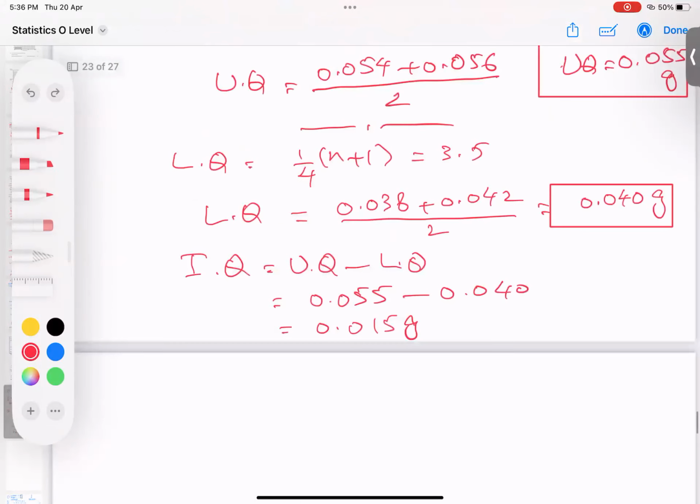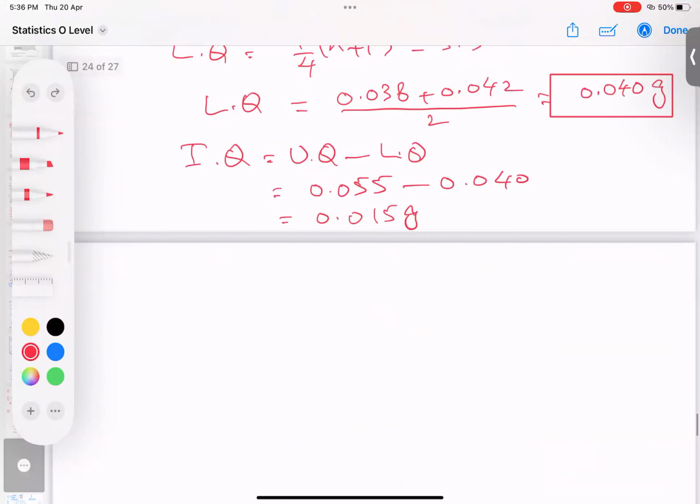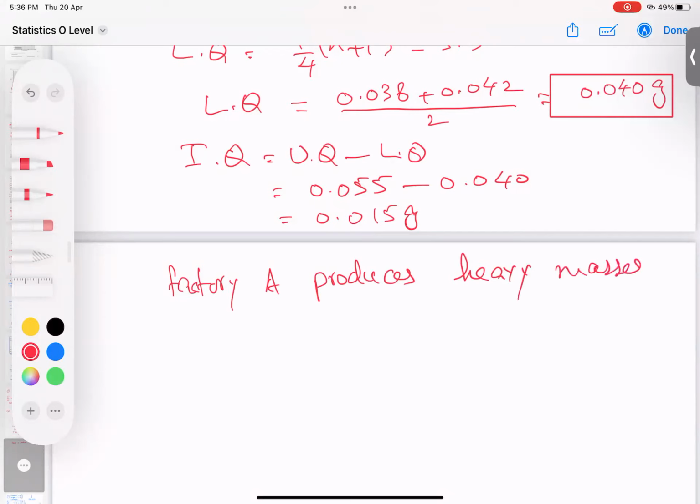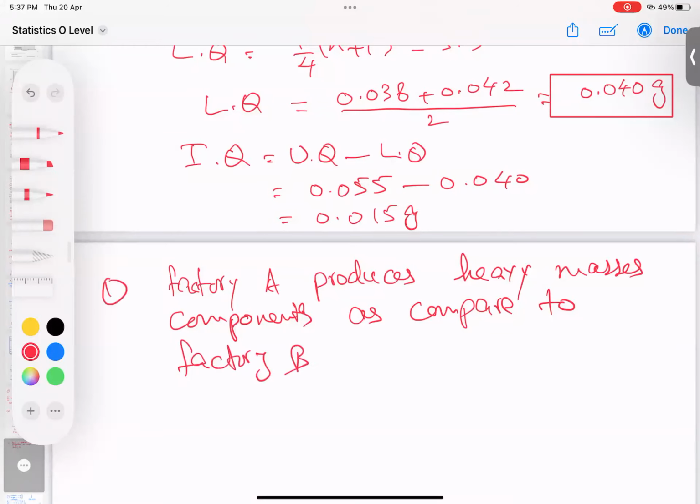I'm writing here, what is on the left side? Factory A produces heavy mass components as compared to factory B. This is one difference.